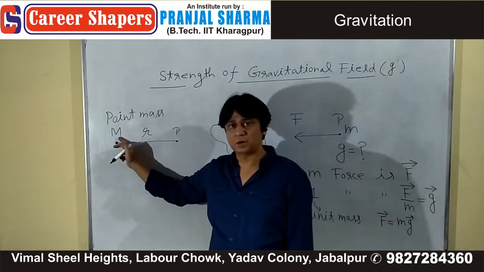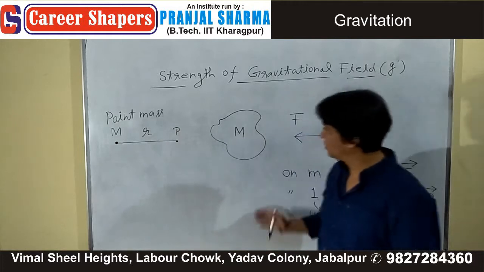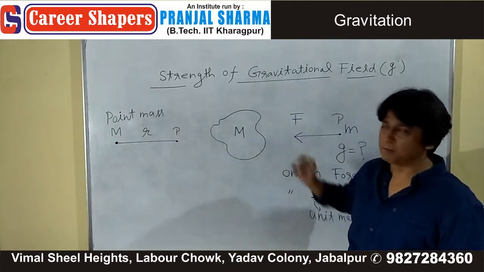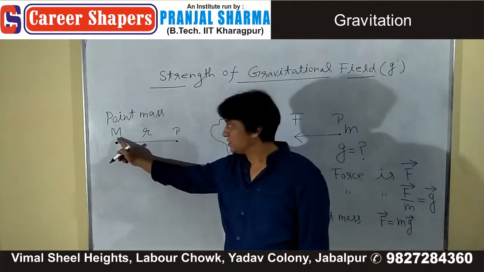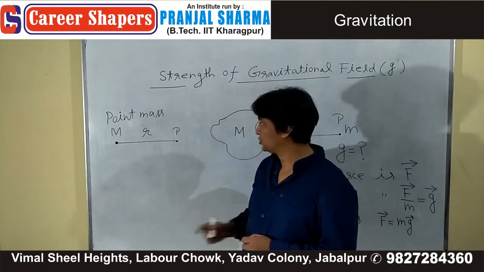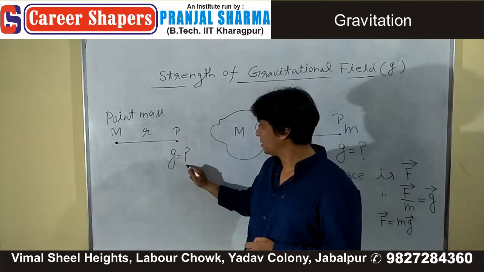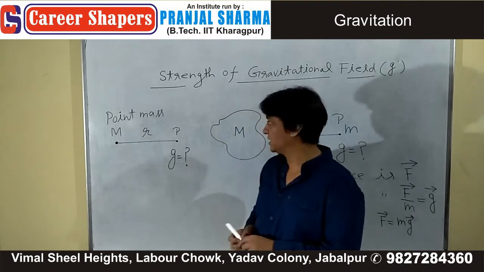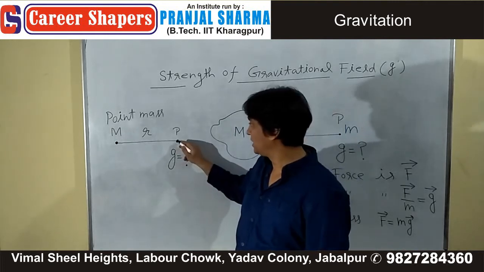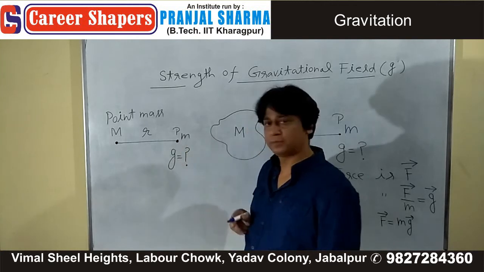This M is any random body. This is your point mass, and I asked you to find g at this point. What did you do? You placed a point mass m.